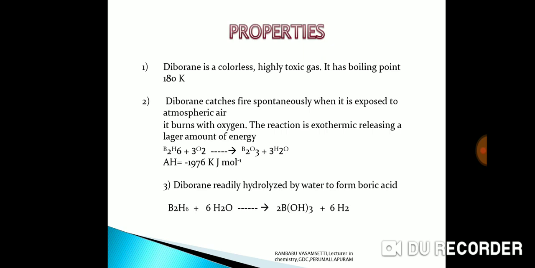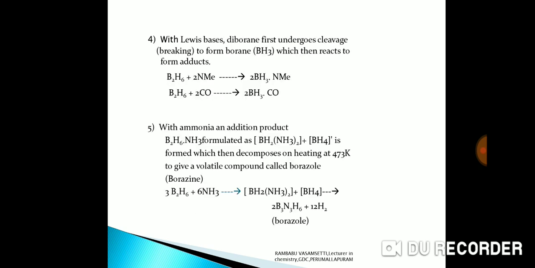Then diborane is readily hydrolyzed with water and forms boric acid, that is H3BO3, or simply B(OH)3. Diborane is an electron deficient compound, that is a Lewis acid, so it reacts with Lewis bases and can undergo cleavage and then form adducts.